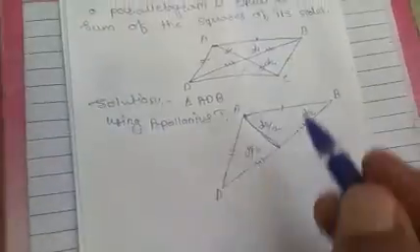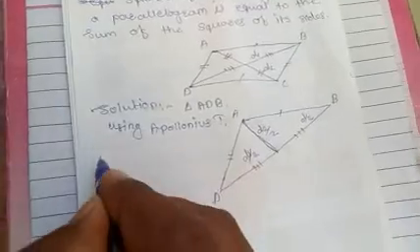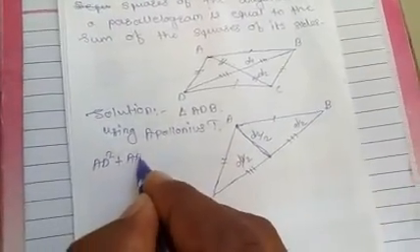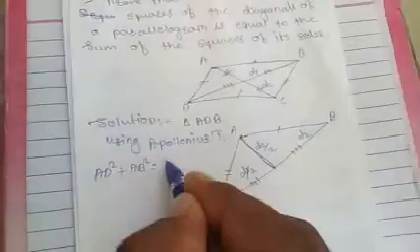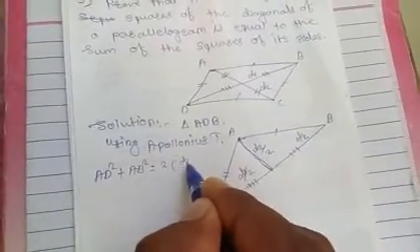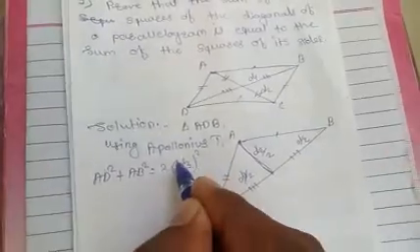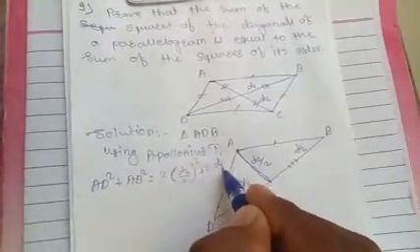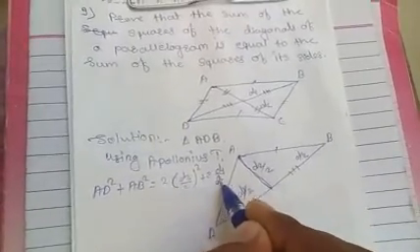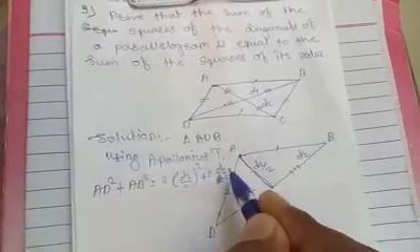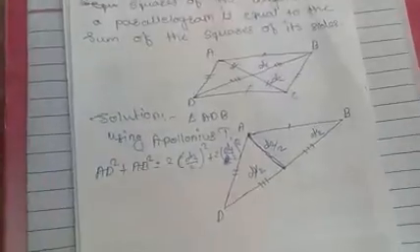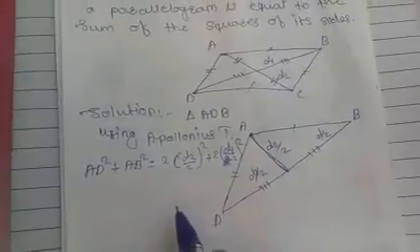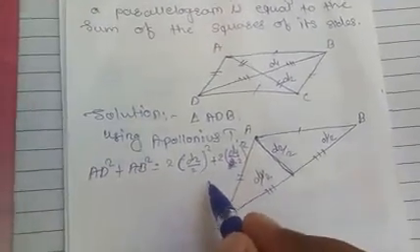So first of all, AD square plus AB square is equal to 2 times bracket D2 upon 2 square plus 2 times bracket D1 upon 2 square. This is equation number 1.